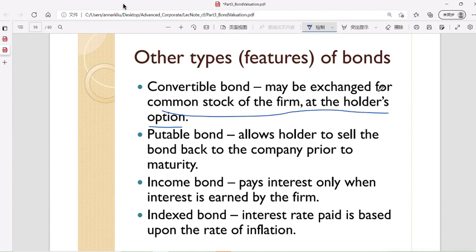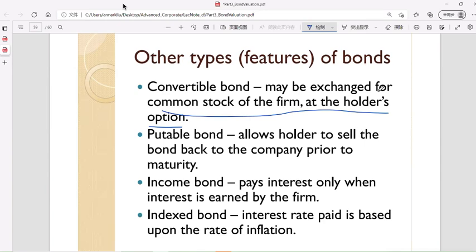Okay, so I would believe that the financial market is very creative. People design different financial products to accommodate the needs of investors, right?